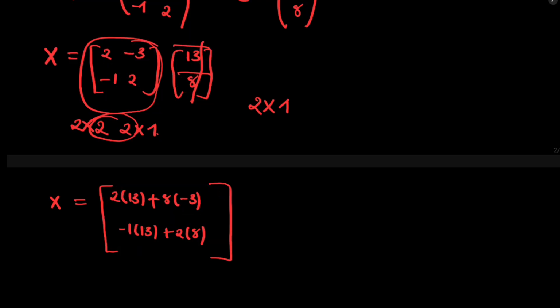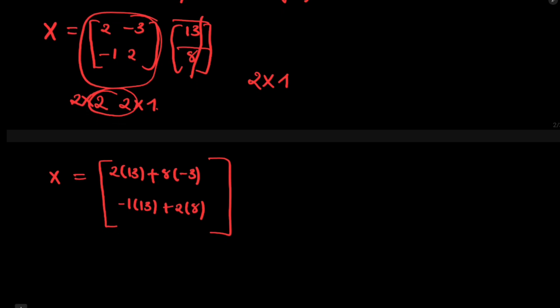Okay, so now let us simplify it. So 2 times 13 is 26. 8 times minus 3 is minus 24. And then here we have minus 13 plus 16.